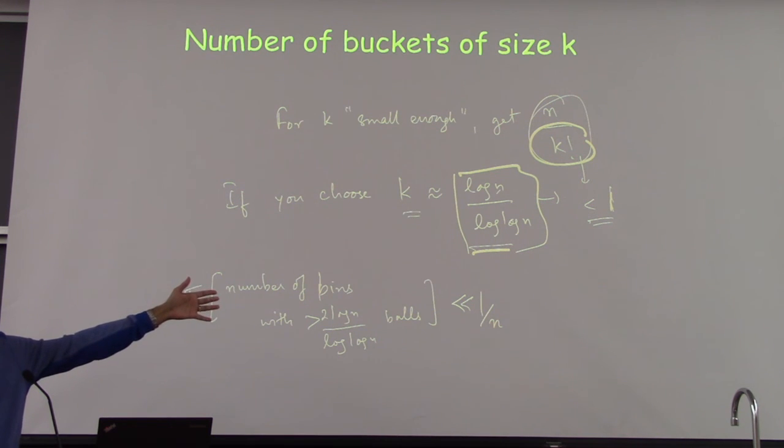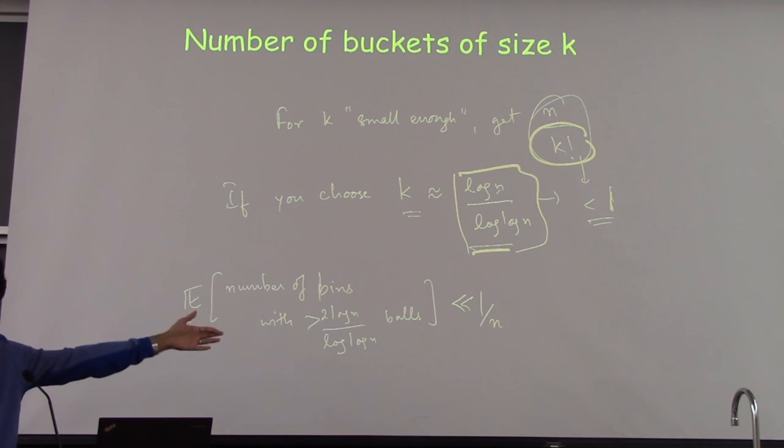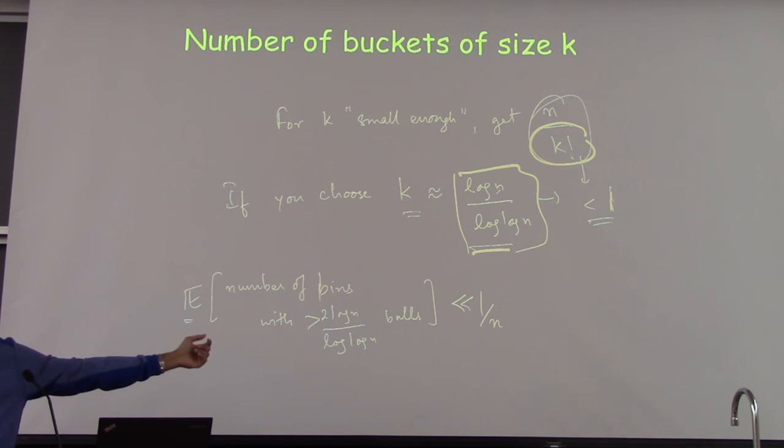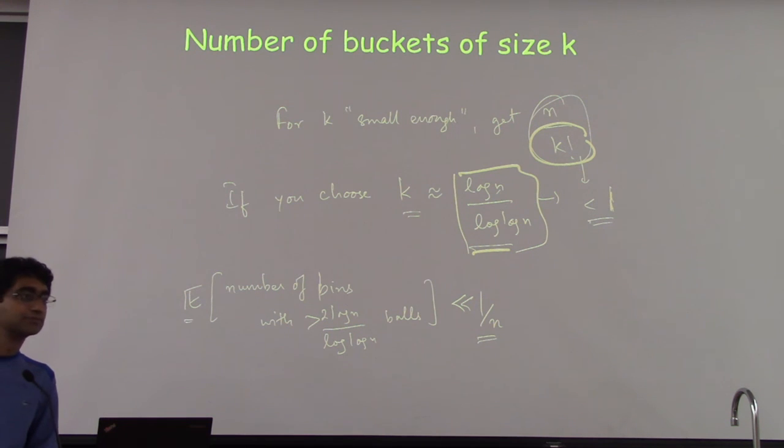So what it's saying is the number of bins you expect is much smaller than 1. And how could that be, right? This is the expected number of bins, and the number of bins is always an integer. It's 0, 1, through something. How could the expected value be much smaller than 1? Do you understand the question?